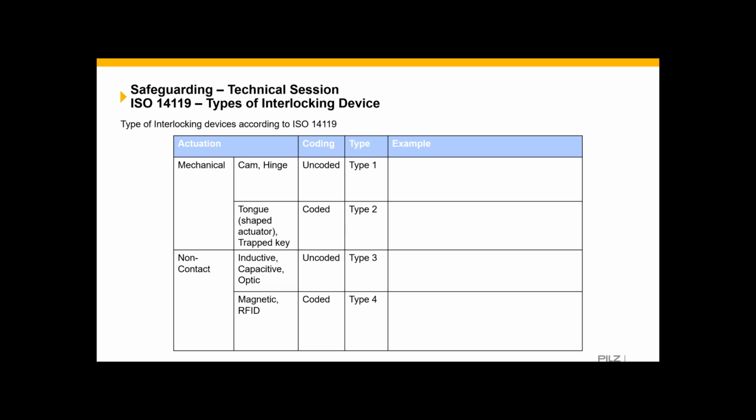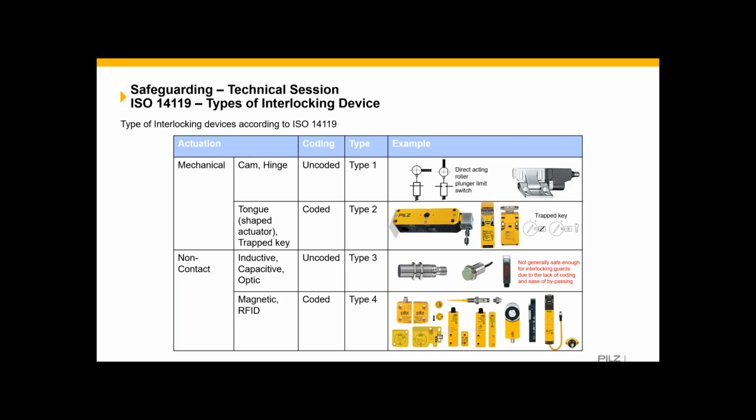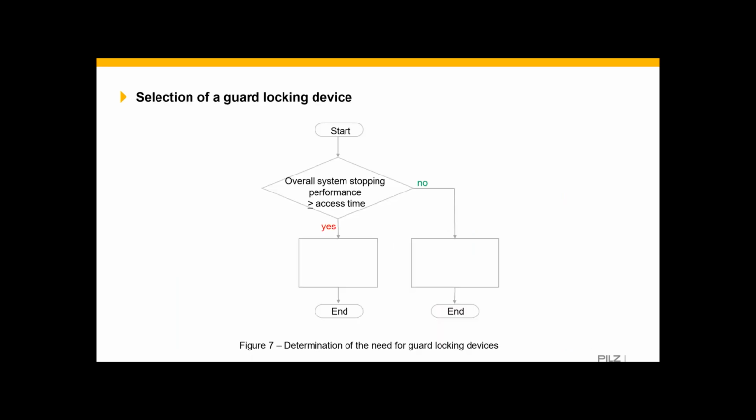And low covers magnetic reed switch types and reteachable RFID types. And then just some examples really: a hinge switch, trap key or tongue actuator interlock, inductive, and then we've got some RFID coded switches.